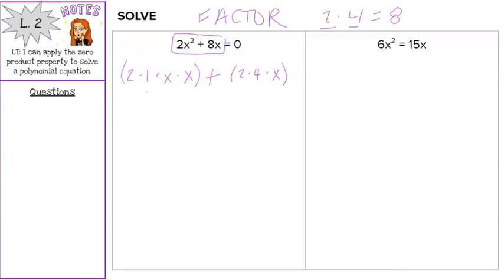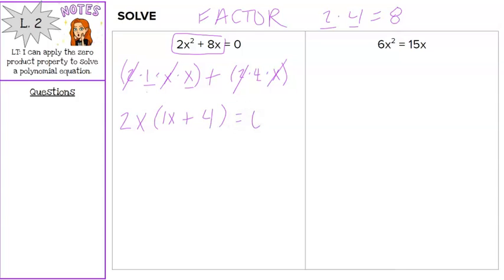So then from those two parentheses, I'm going to take out anything that's the same. So I can take out a 2 and a 2 because they both have a 2. And I can take out an x because they both have an x. And then I'm going to rewrite what's left in my remaining parenthesis. I have a 1x plus 4.